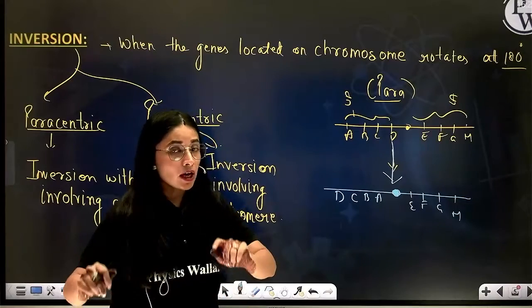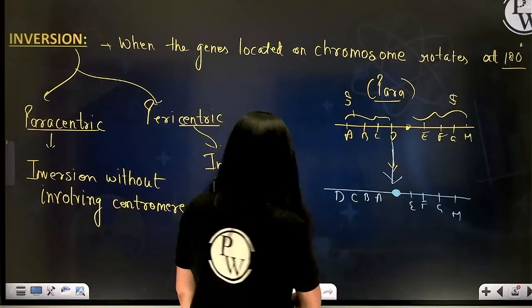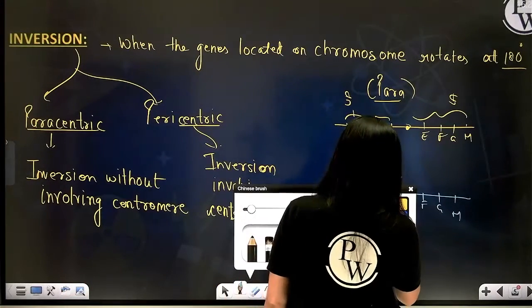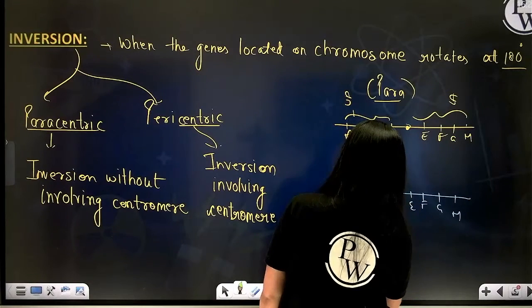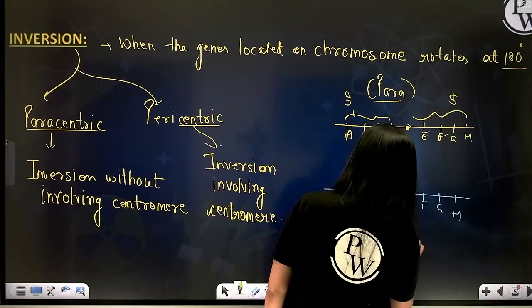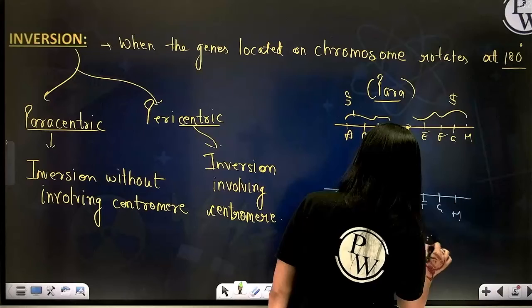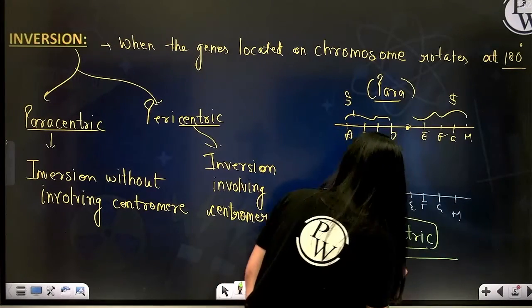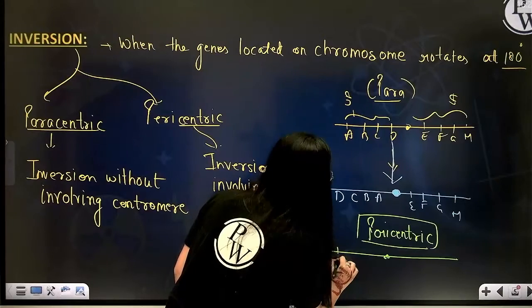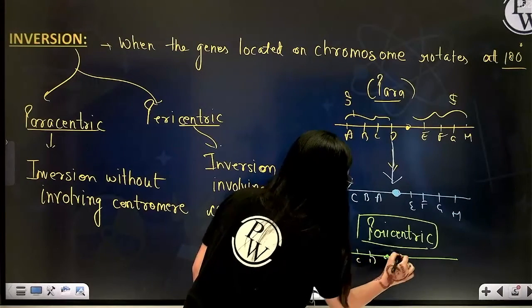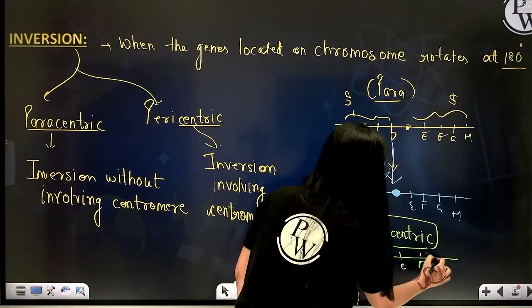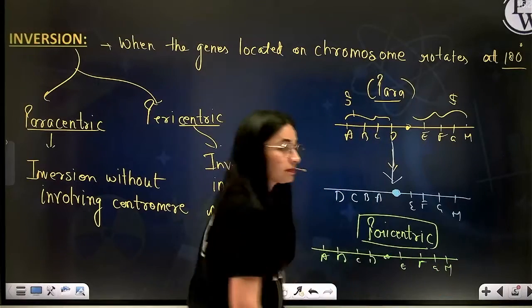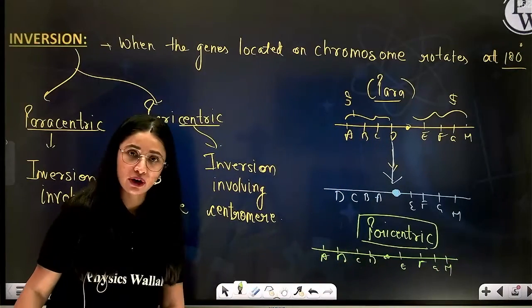Now, if the same type of inversion has to take place via pericentric, what will happen in case of pericentric? Okay, this is the original condition: A, B, C, D, E, F, G, H. This is the original arrangement of the genes.